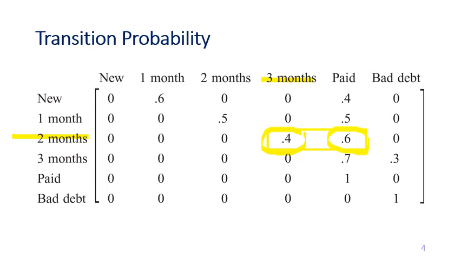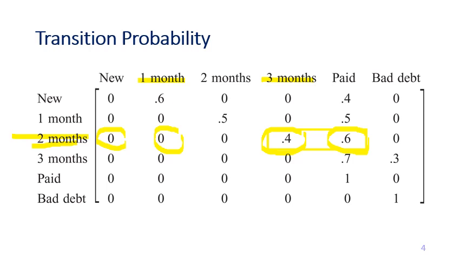You notice that the probabilities for other states are 0, which is logical, because if an account is already 2 months old, of course it cannot go back to become a new account. It cannot go back to become a 1 month account, because the person has not paid you for 2 months, so it does not make sense to go back to 1 month overdue.